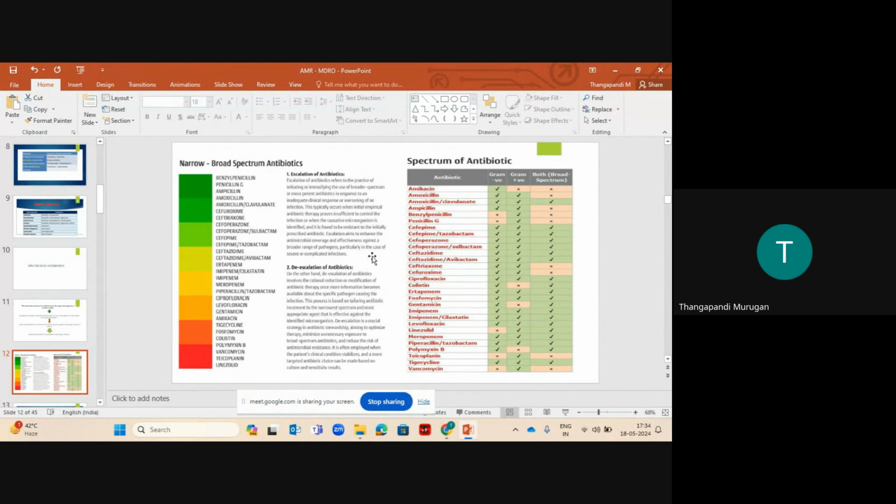Another thing is for a sepsis patient, in the period of 48 to 72 hours before the culture report arrives, even though the patient has improved a lot, has had a better outcome, and has no fever spike, you are not supposed to suggest de-escalation.